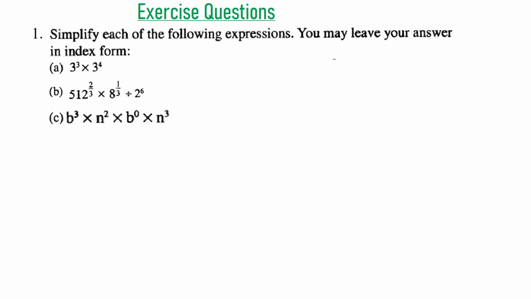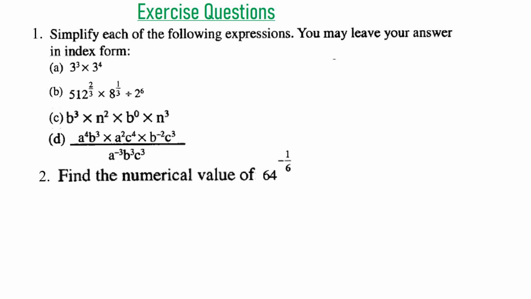C. b cubed times n squared times b power 0 times n cubed. D. a power 4 b cubed times a squared c power 4 times b power negative 2 c cubed all over a power negative 3 b cubed c cubed.